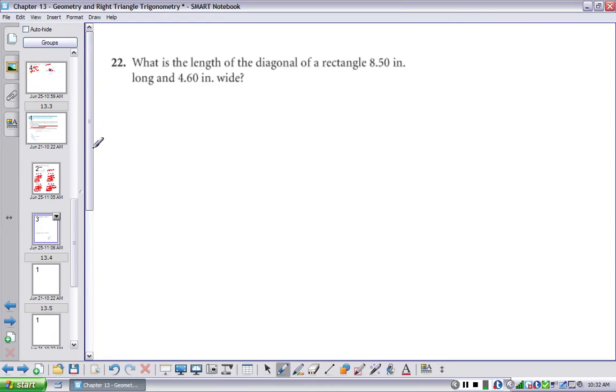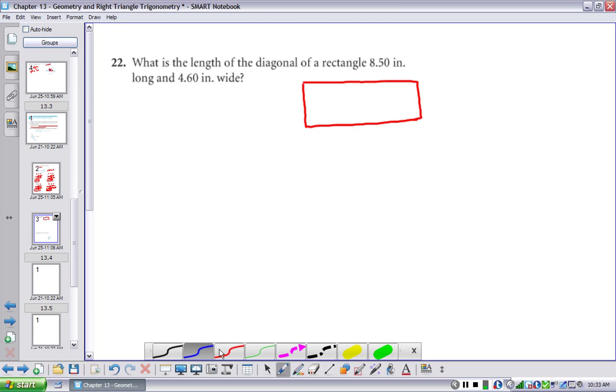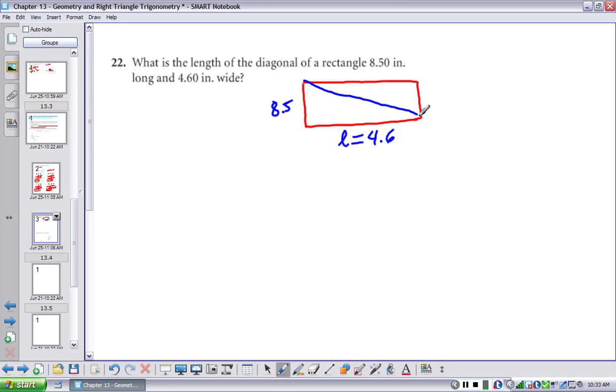Next example, it says, what is the length of the diagonal of a rectangle? So let's draw a rectangle with a length of 4.6 inches and a width of 8.5. And they want to know the length of this diagonal.